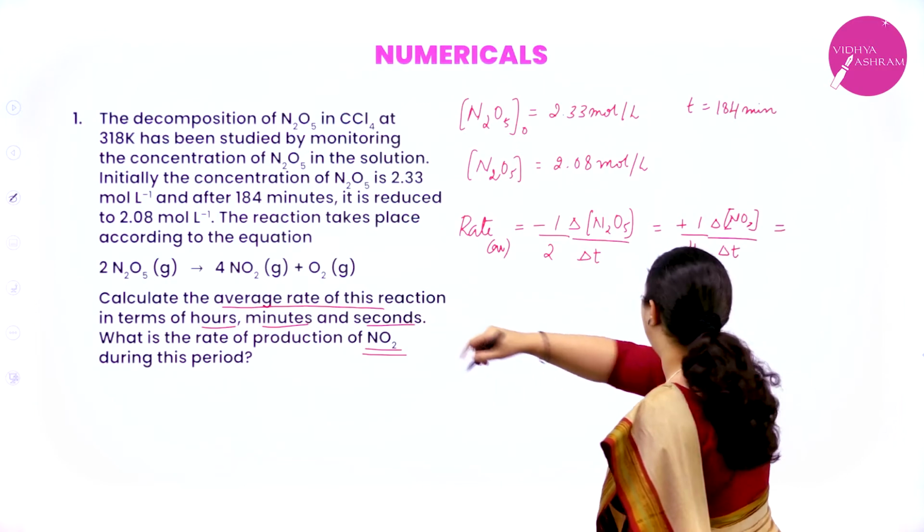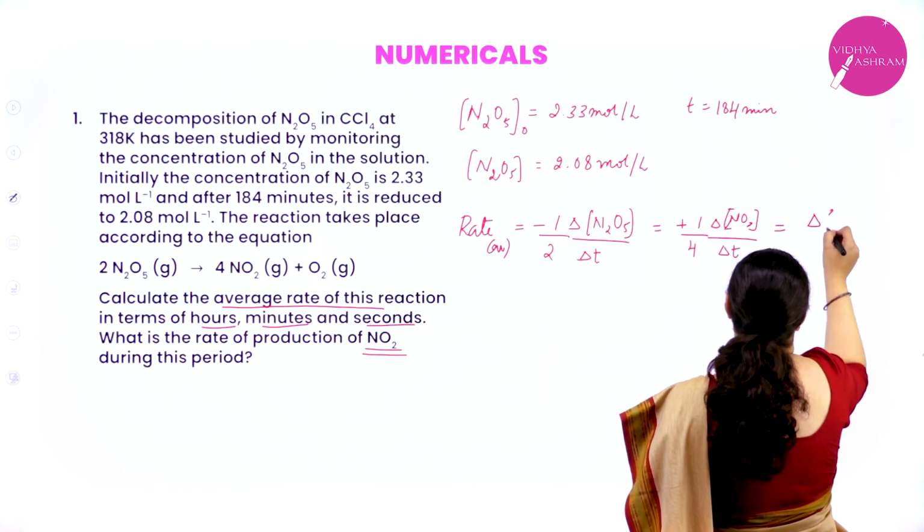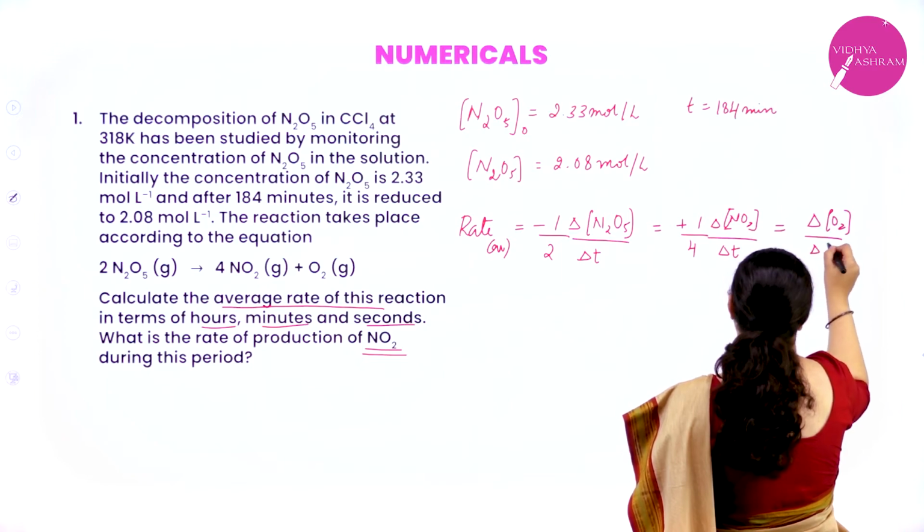I don't have any stoichiometric coefficient, so I'll write directly delta [O2] by delta T.